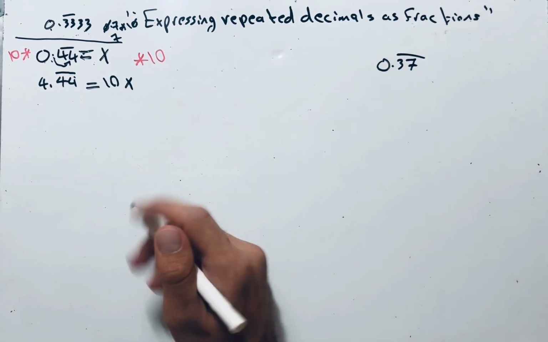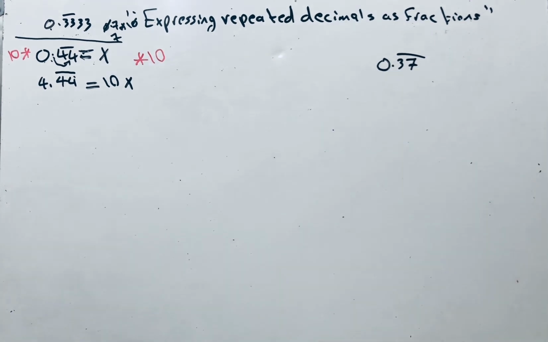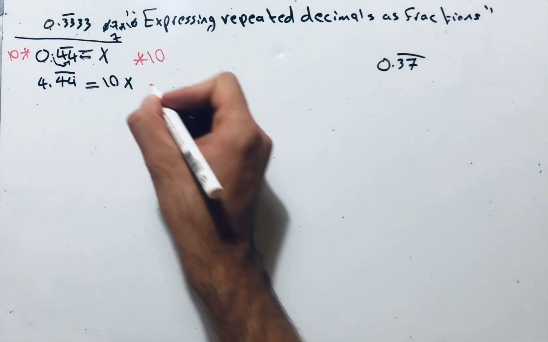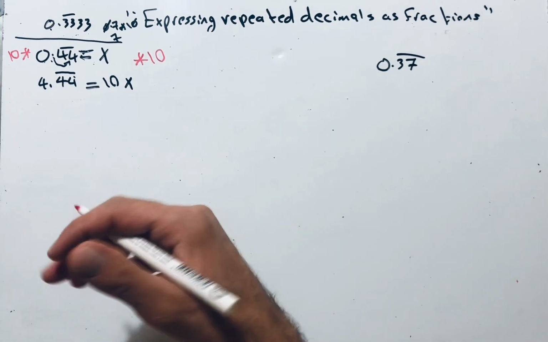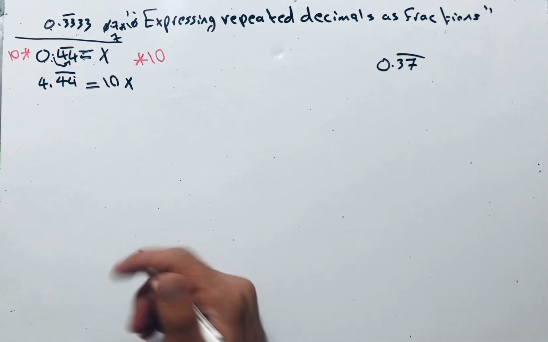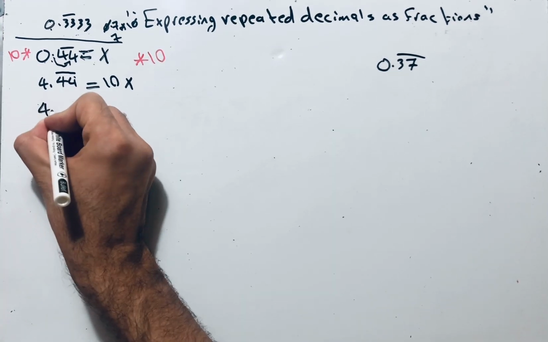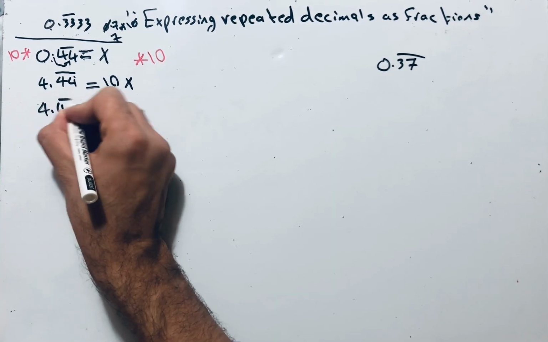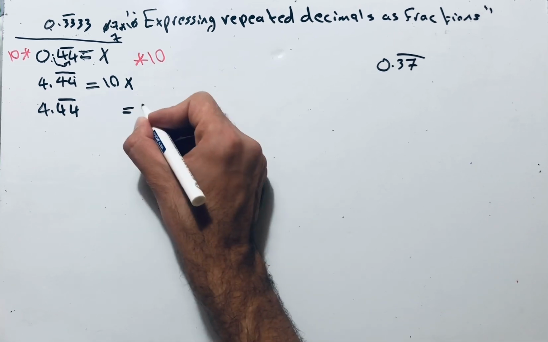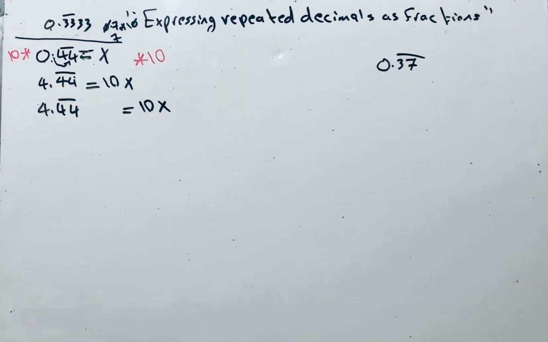So now 10x is equal to this 4.444 forever, okay? So from here, we can actually do other things to equations, such as subtracting the same number from both sides. For example, we can write this again. 4.444, this is equal to 10x, okay?